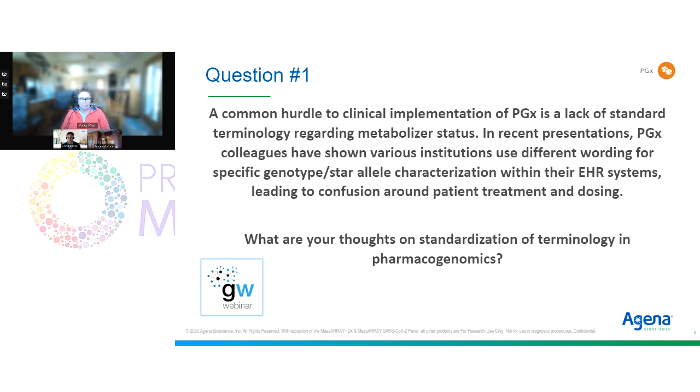Many laboratories will point physicians to resources in CPIC or PharmGKB, where they can put the metabolizer status in, or they can put the genotype in, and it helps them make dosing decisions for their patients.